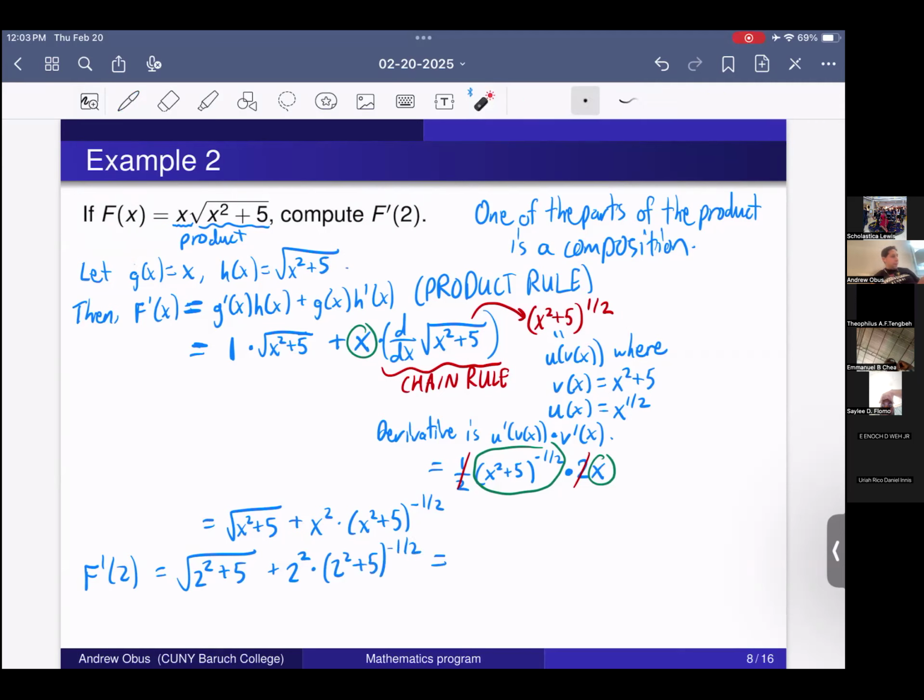And so what is that? Well, 2 squared plus 5 is just equal to 9. So the square root of 9 is going to be equal to 3. So we're going to get 3 plus, here's 2 squared, that's 4, times 9 to the minus 1/2. So what is 9 to the minus 1/2?